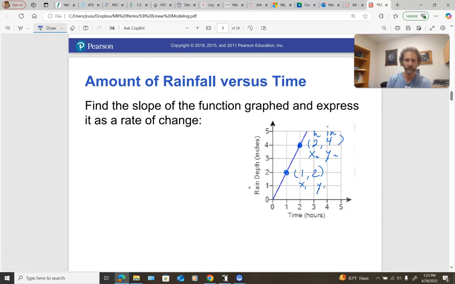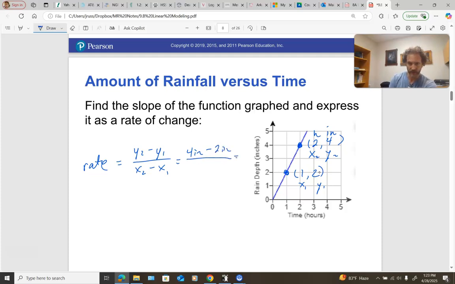Okay. So to find the rate, you can just use that formula again. y2 minus y1 divided by x2 minus x1. Okay. So I come to my second point. My y-coordinate, or the value of my dependent variable, is 4 inches, minus the value of the dependent variable for my first point is 2 inches, so 4 inches minus 2 inches.